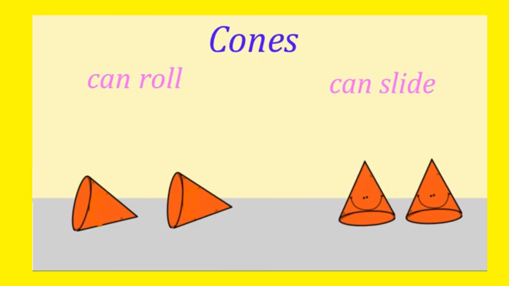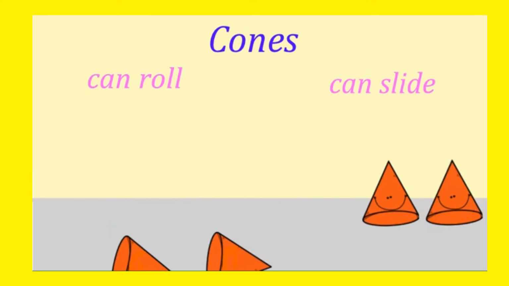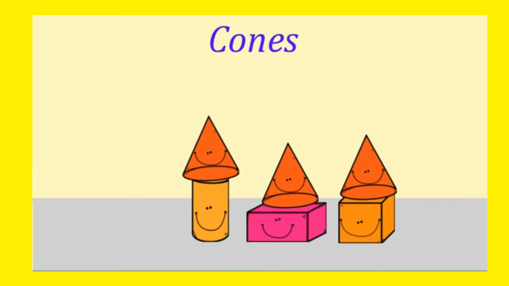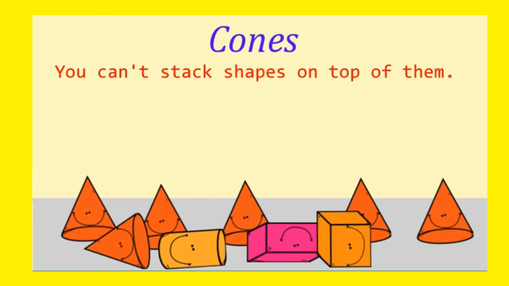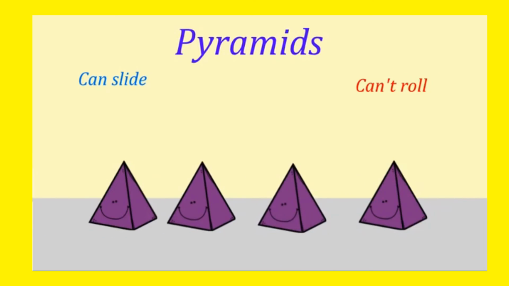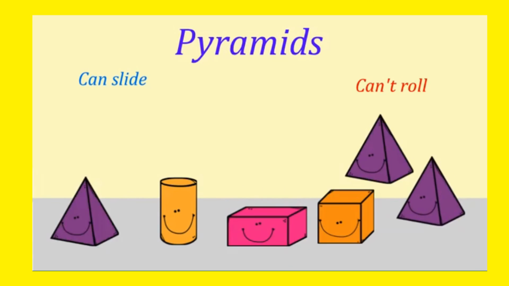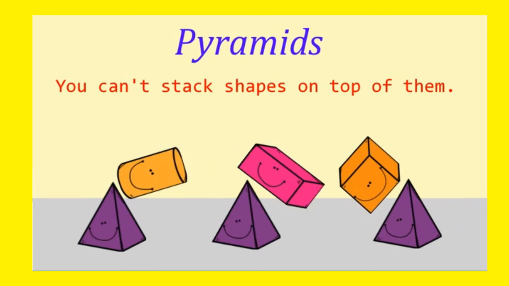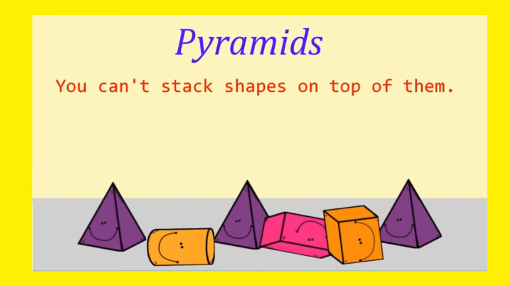Cones can roll and slide. Put them on top of other shapes, but you can't stack shapes on top of them. Pyramids can slide, not roll. Place them on top of other shapes, but you can't stack shapes on top of them.